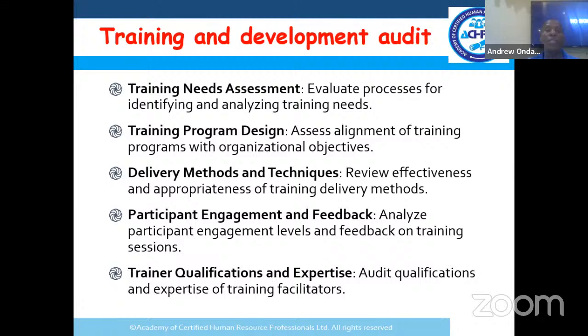Two, delays in performing a task or delivering a service. Three, accidents because of lack of skills and knowledge. Four, experiencing difficulties in performing a task. So all these are performance gaps.